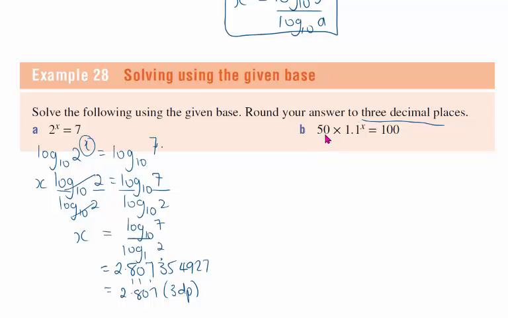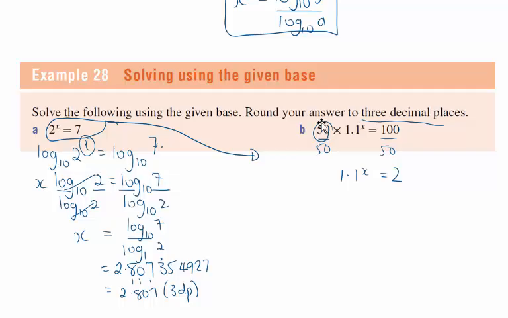So what are we going to do for the next one? Well, I'd say we'll simplify it first. See how it's got 50 here? We'll get rid of it first. Whatever I do to one side, I must do the other. 1.1 to the power of x equals 100 divided by 50, which is 2. Now it looks the same as over here, doesn't it? It looks the same, so we're going to use the same procedure.